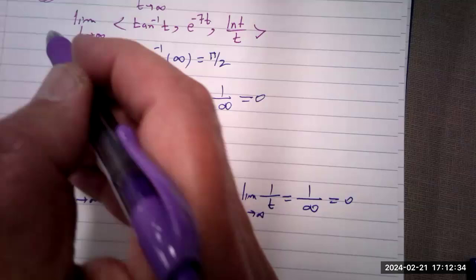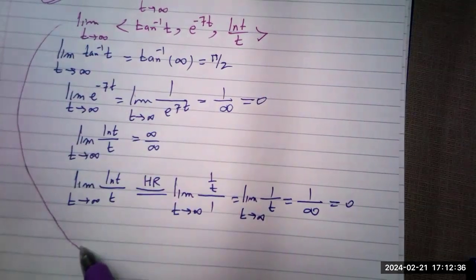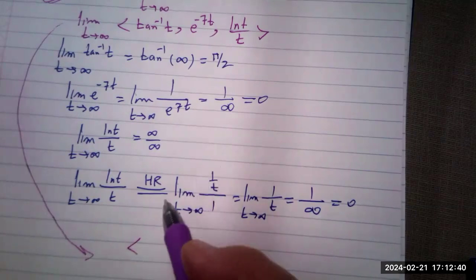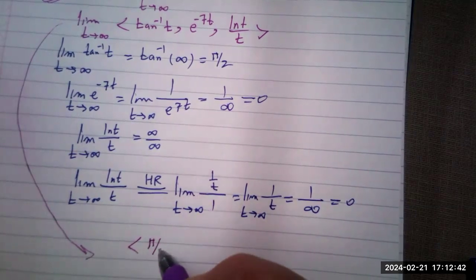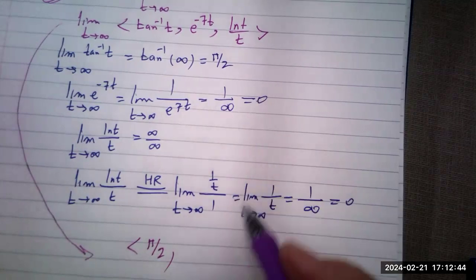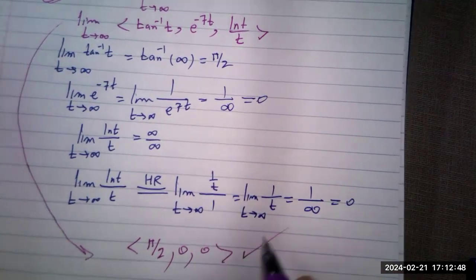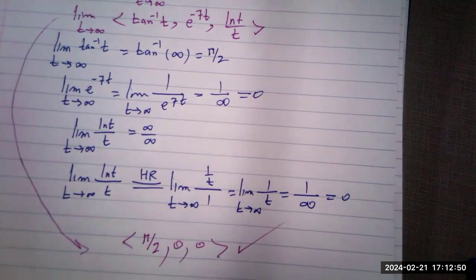So the answer of your limit is going to be the following vector. The vector, the first component pi over 2, the second component 0, and the last component is 0. Okay, remember the answer must be a vector. A vector. Okay, you have another one, you have the solution, just check it.